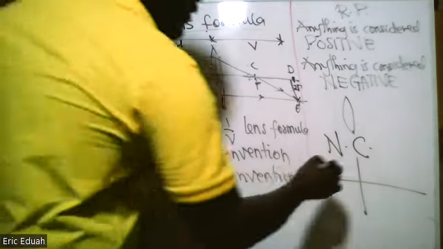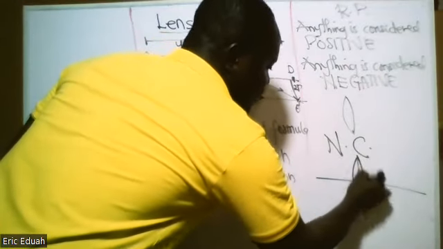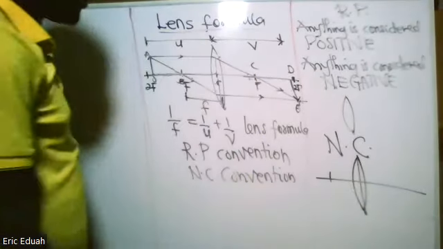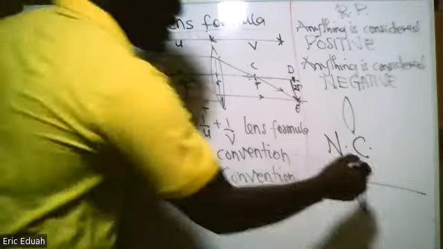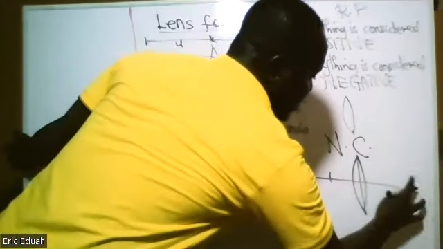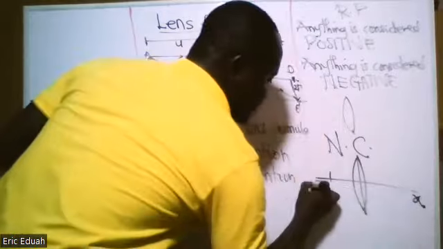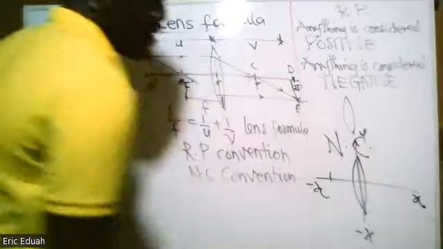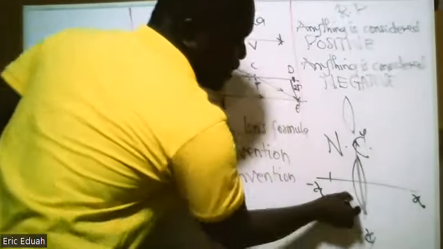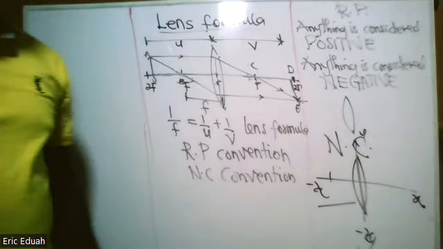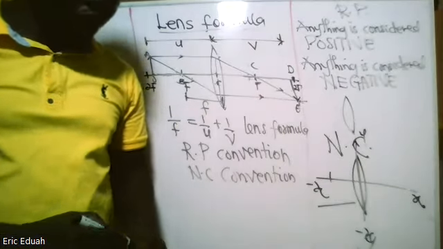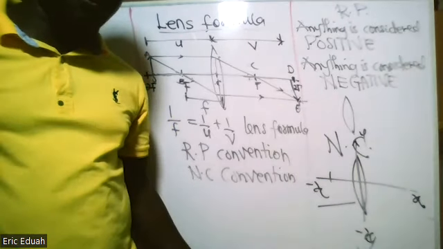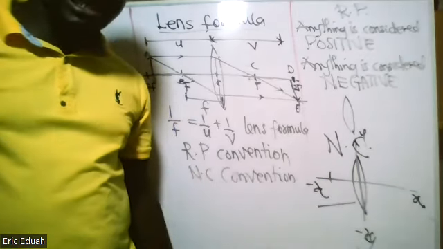So if it's a convex lens, the object is always in front, so object is always negative because this follows positive x-axis, negative x-axis, positive y-axis, and negative y-axis. So anything which is in front of the lens is considered negative. So for convex lens, object distance is negative.